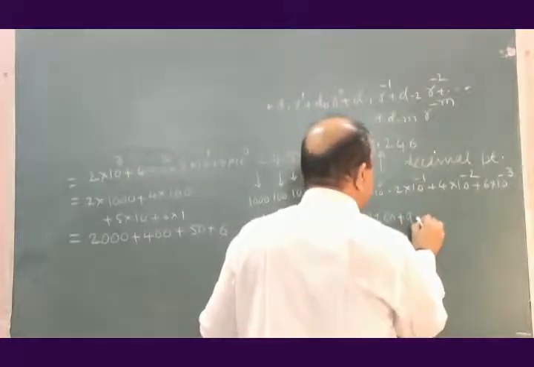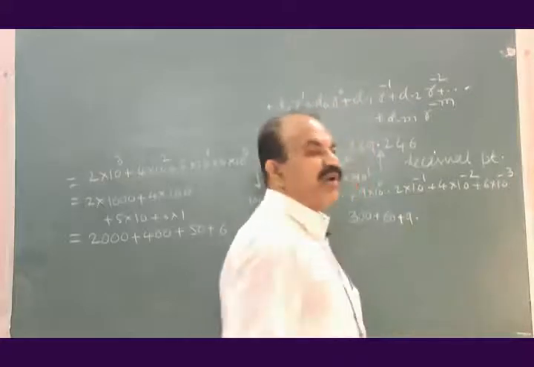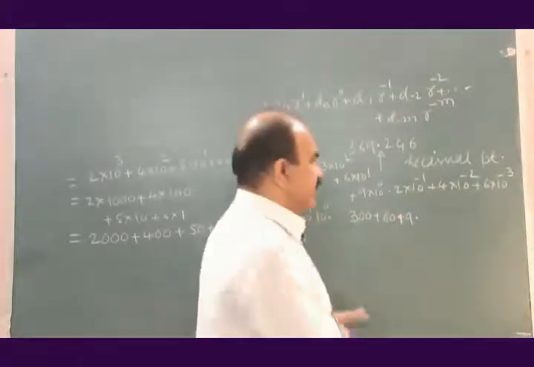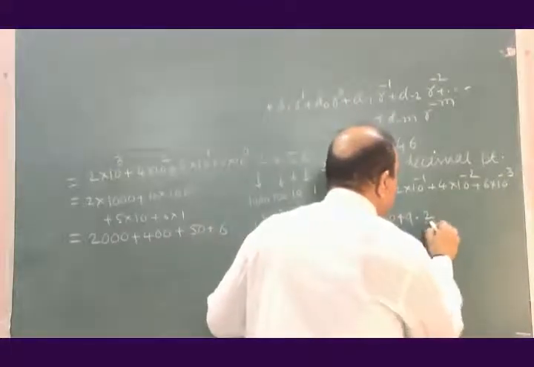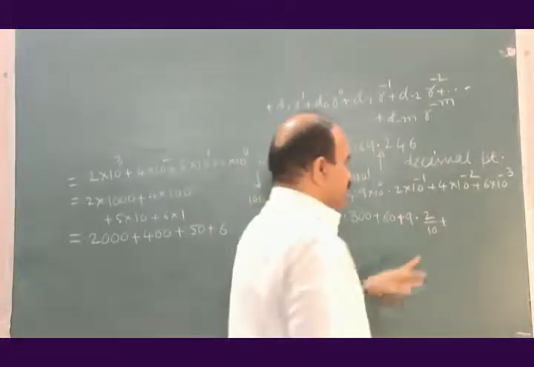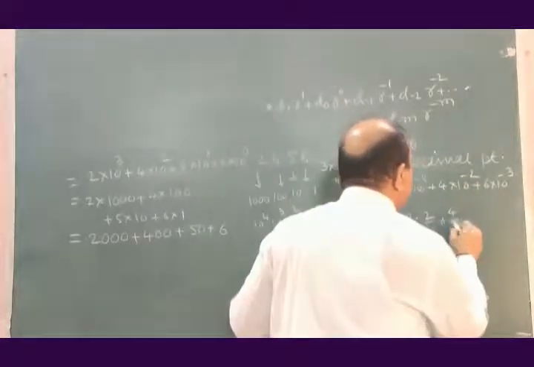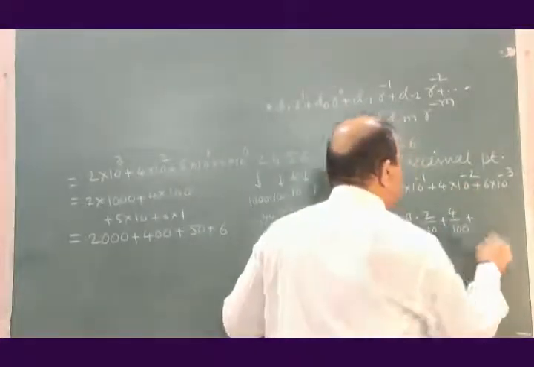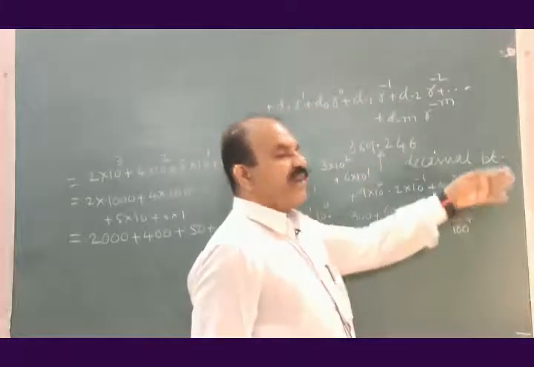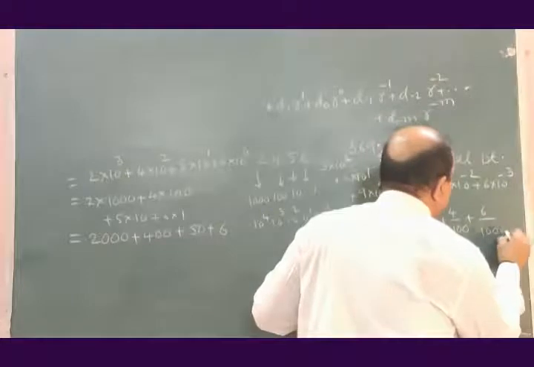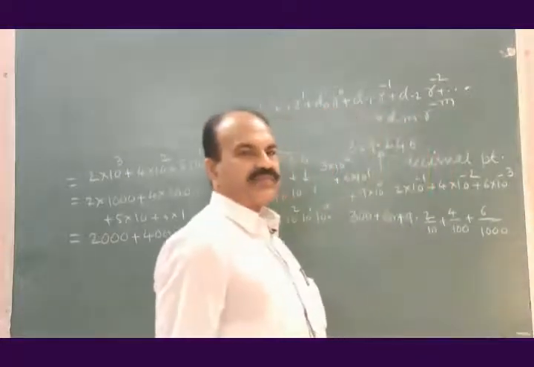Put the decimal point here. 2 into 10 to the power minus 1 is 2 divided by 10, plus 4 into 10 to the power minus 2 is 4 divided by 100, plus 6 into 10 to the power minus 3 is 6 divided by 1000.